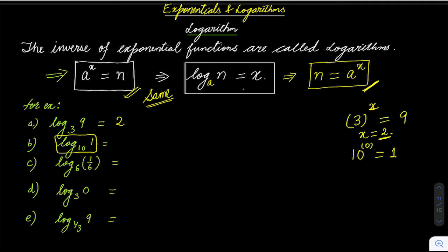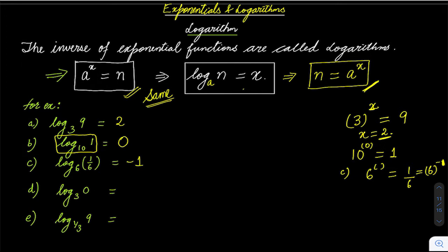So this log value is 0. In part C, the base is 6 and the number is 1 by 6. So what power should 6, the base, be raised to get 1 by 6? 1 by 6 is nothing but 6 power minus 1. So obviously my answer is minus 1.